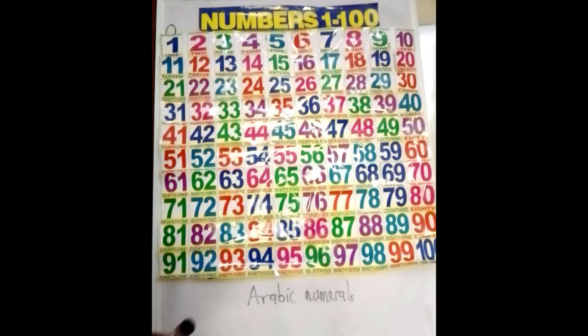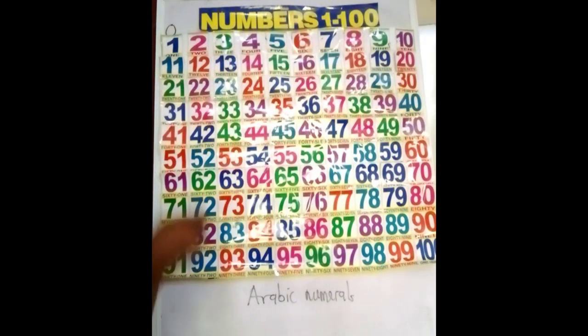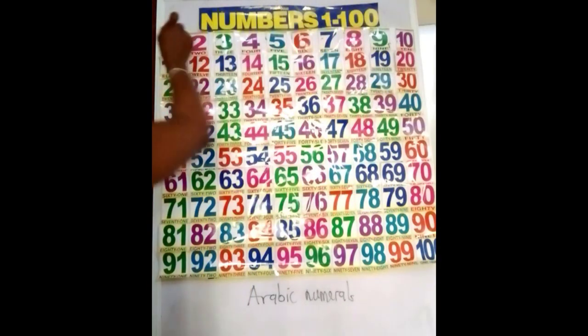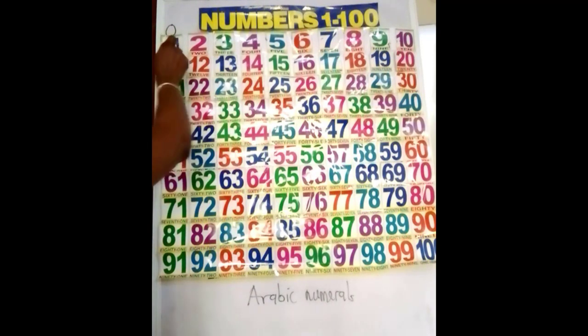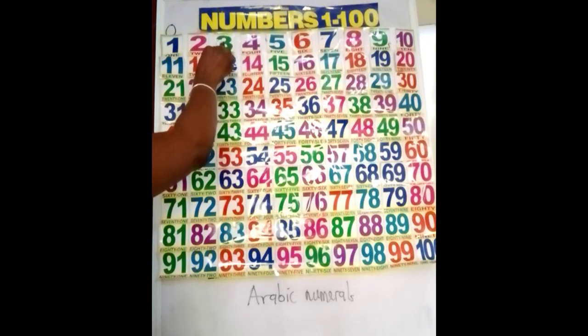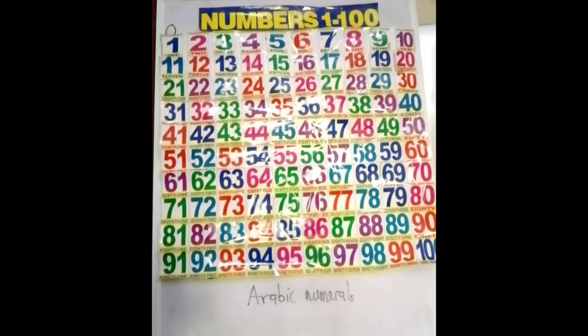That means it has 2 digits joined together. 1 is there and 0 is there. 1 and 0 combine to form 10. 2 and 0 combine to form 20. 1 and 4 combine to form 14. 1 and 7 combine to form 17. 3 and 6 combine to form 36.